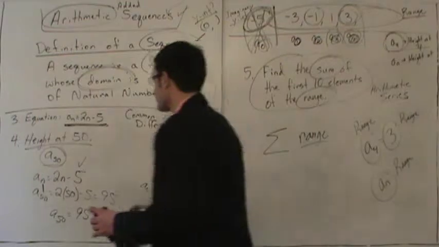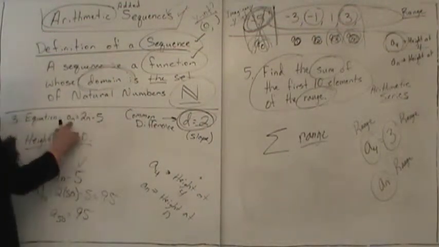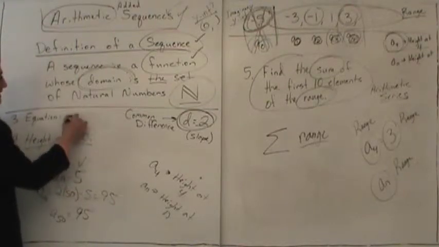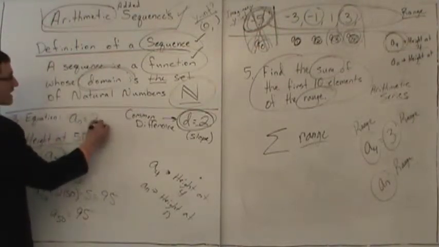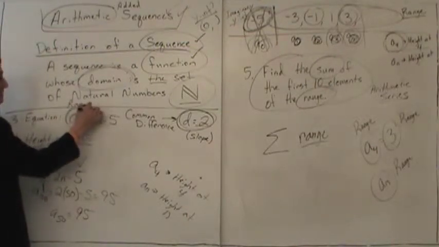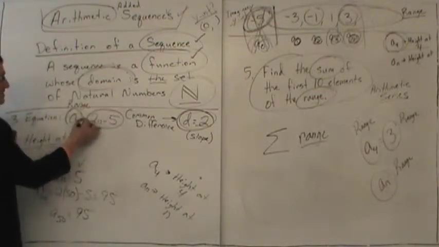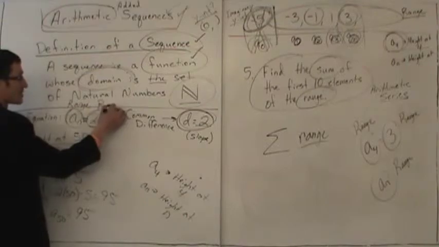Now look at the equation: a sub n equals 2n minus 5. I'm going to write this a little bigger. What is a sub n a symbol for? Range. So circle a sub n. And notice 2n minus 5. Range is equal to range.